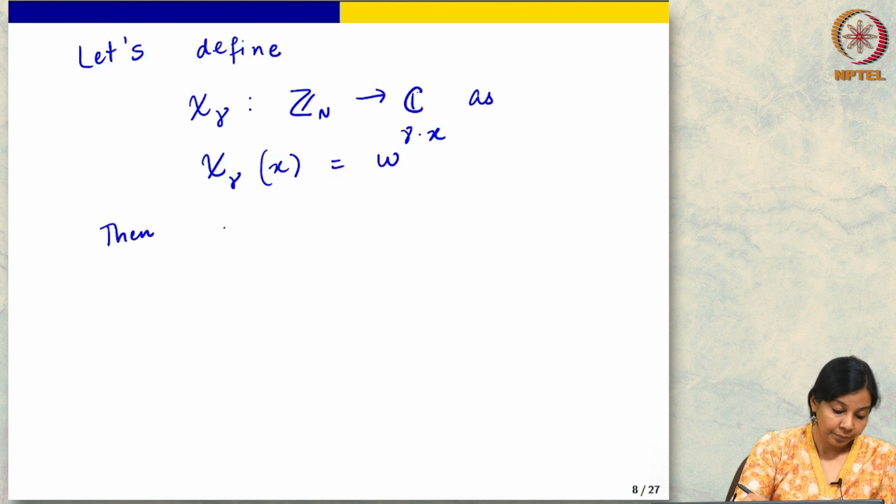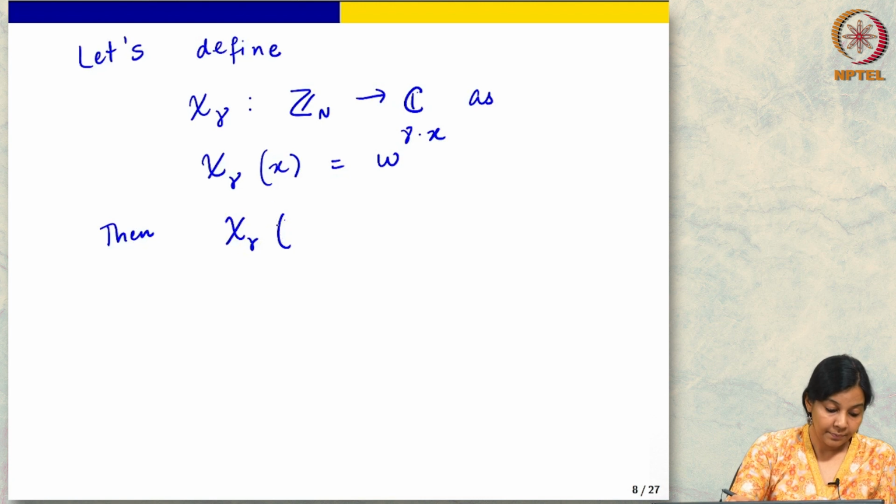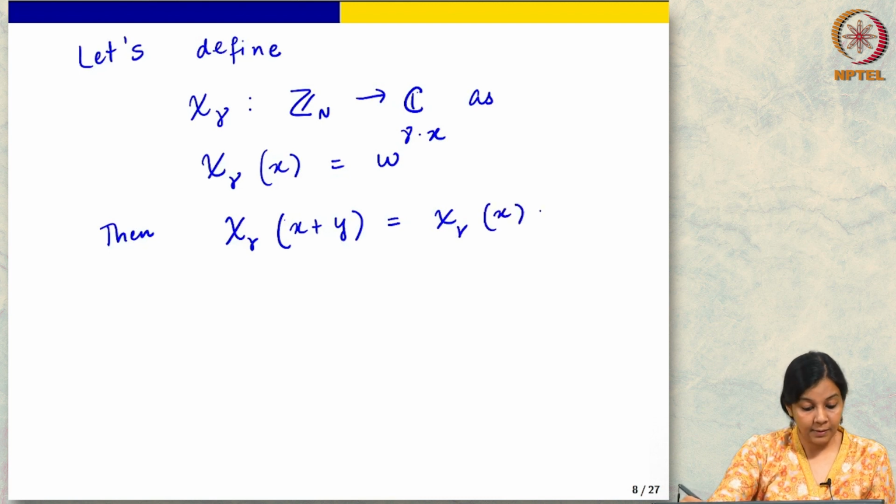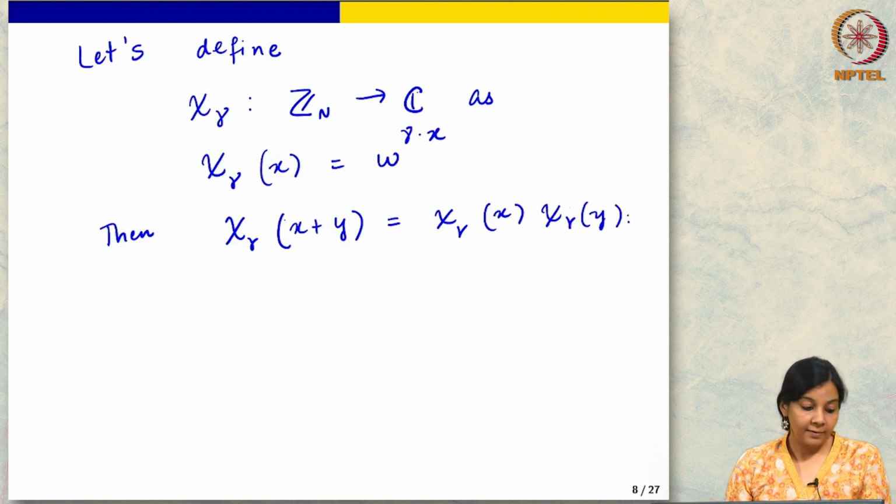Then chi gamma of x plus y, I claim, is chi gamma of x times chi gamma of y. Does everyone agree?